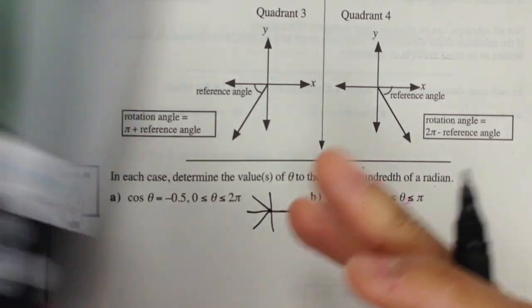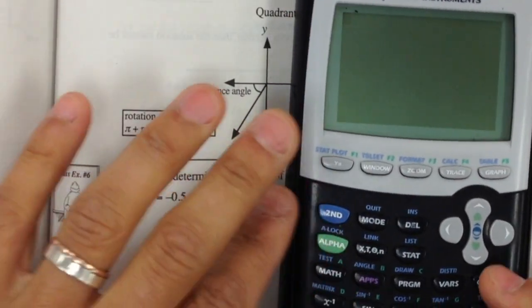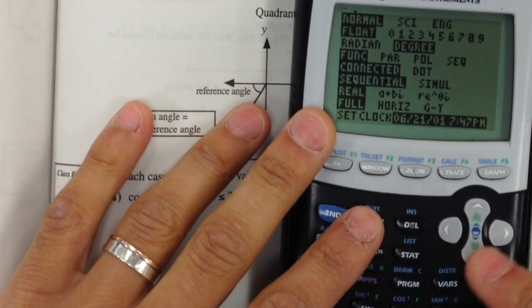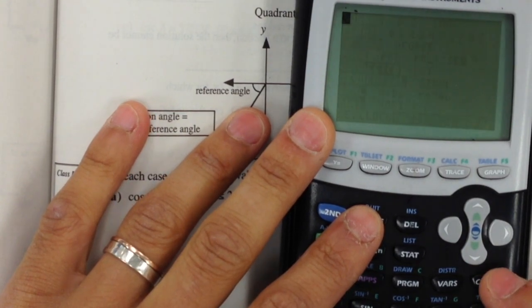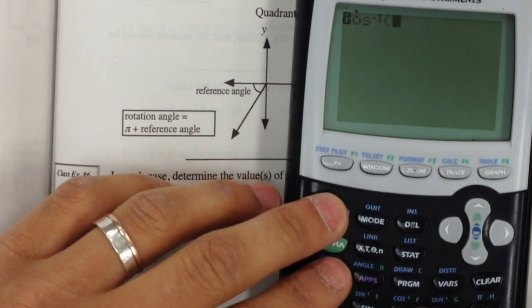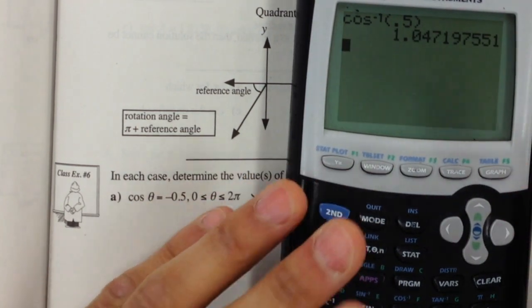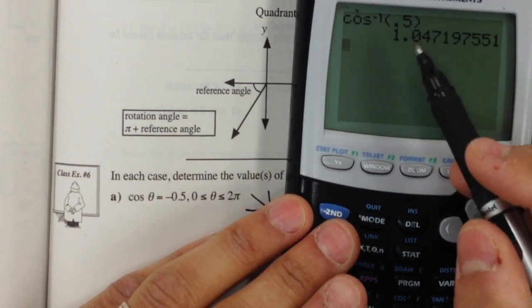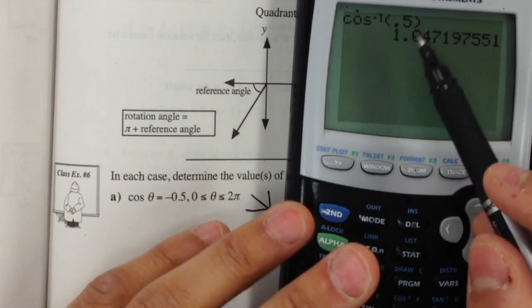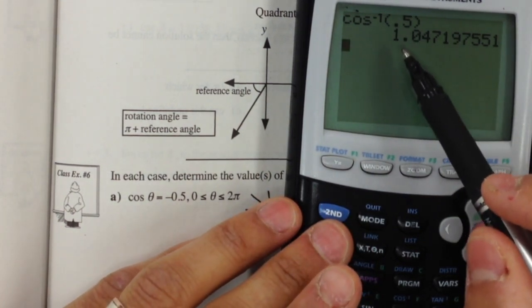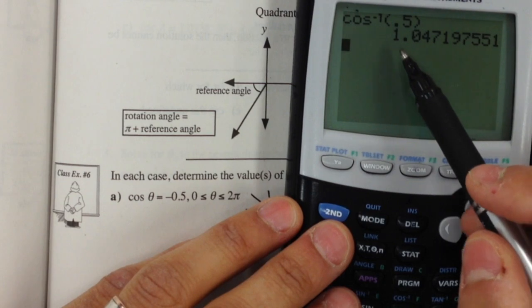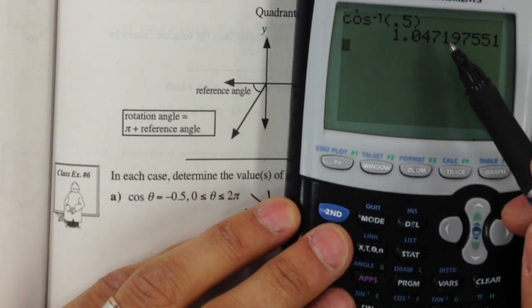We're in radians now, and so we've got to switch back to our radian mode. If I'm looking for the inverse cosine of 0.5, I just type in the same thing I've typed in before. Now when I do my calculations, I'm going to be using not negative, but 1.047.